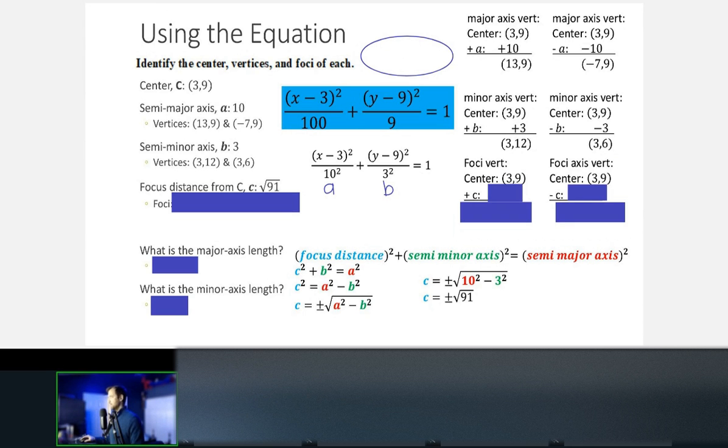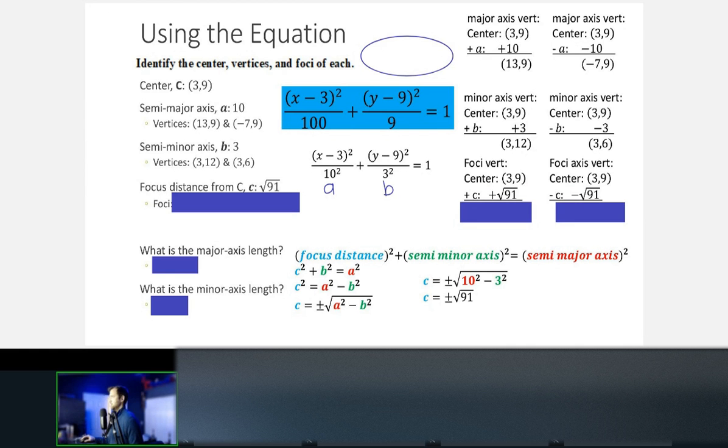Yeah, the x value, because it's longer in the x direction. Our major axis is parallel to the x axis. So you are traveling from the center in the x direction to one of your focal points, and then from the center you're traveling left to the other focal point. So left and right is the x direction. So we are adding radical 91 and subtracting radical 91.